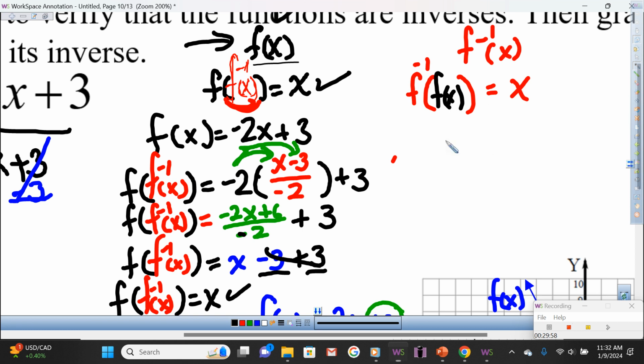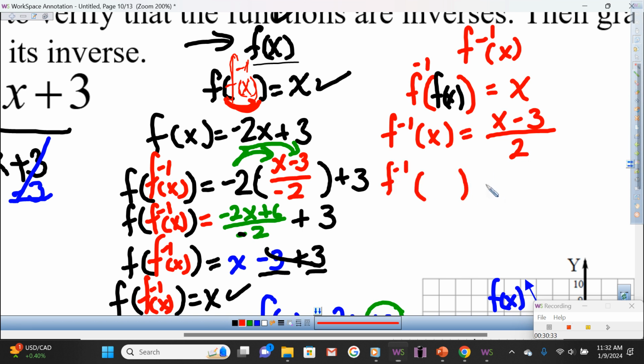All right, so let's start off with writing our inverse. Here we go. What is our inverse? So I'm going to write f inverse of x equals x minus 3 over negative 2. The next step is what gets interesting.